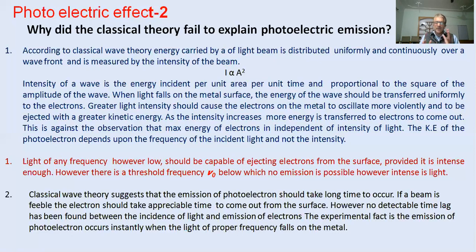So there's a time between the incidence of light and the emission of electrons. But we have seen in the experiments that electrons are emitted instantaneously when the light falls on the metal. So this was another problem which the wave theory could not explain.